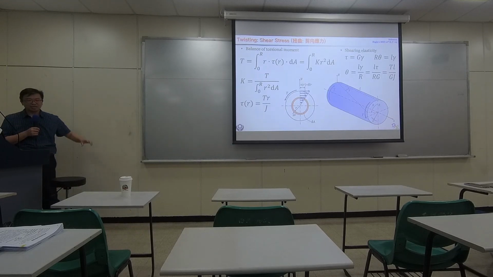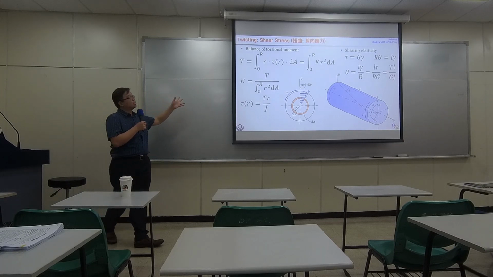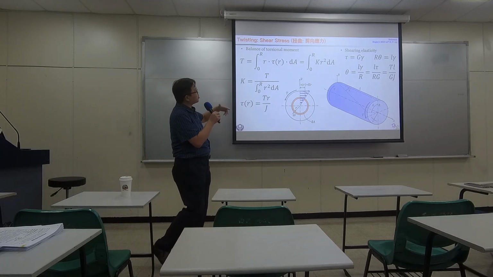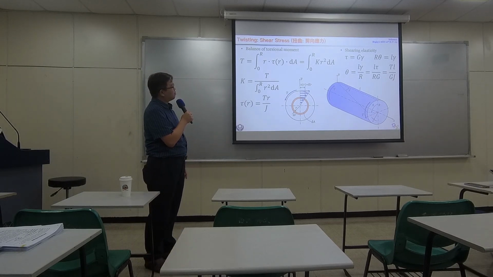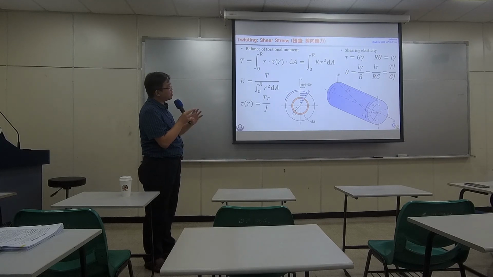Now, that was normal stress. Now we talk about shear stress. So basically, we could be twisting a cylindrical object like this, and we are doing the same trick. However, I feel like sometimes it's harder for students to visualize.